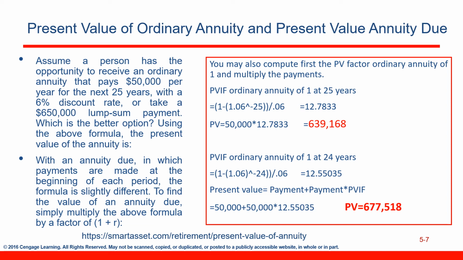Then for this annuity due, just add back the 50,000. So present value is equal to the payment, which is 50,000, plus 50,000 times the present value interest factor of ordinary annuity for 24 years. It is still the same. We got $677,518. I will choose this one compared to the first one.